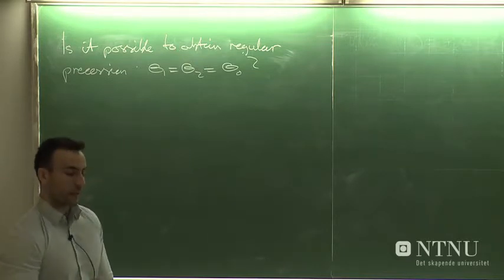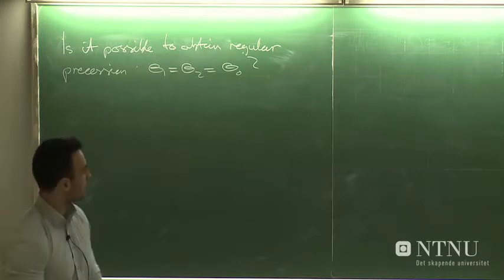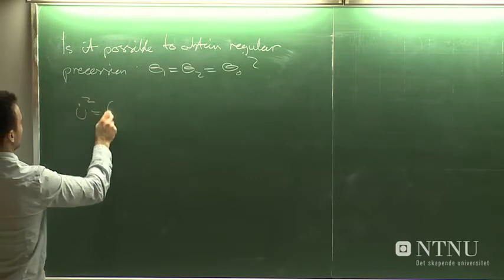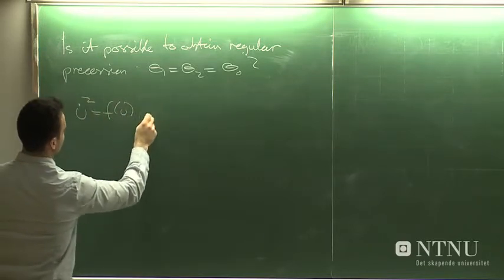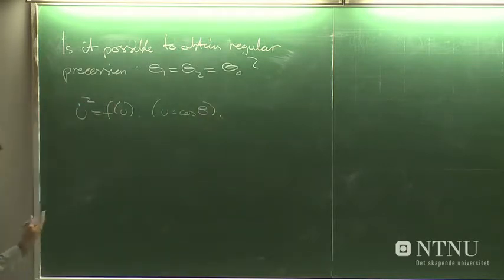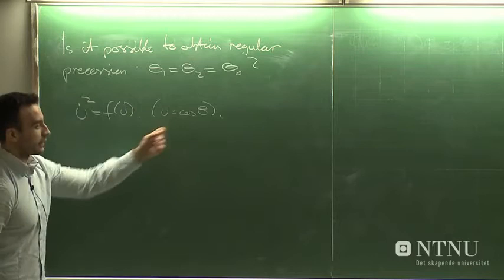So the question is then, what kind of condition would we require for the function f of u? So we had this equation telling us how u evolves with time, and in fact how theta evolves with time.